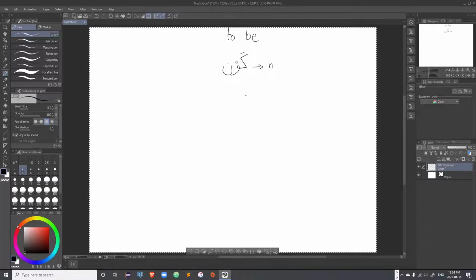The past tense for it is kana, if you recall. Kana. That is the past tense, of course, for singular masculine. This root here is used for the present tense, with the differences in diacritics, of course.